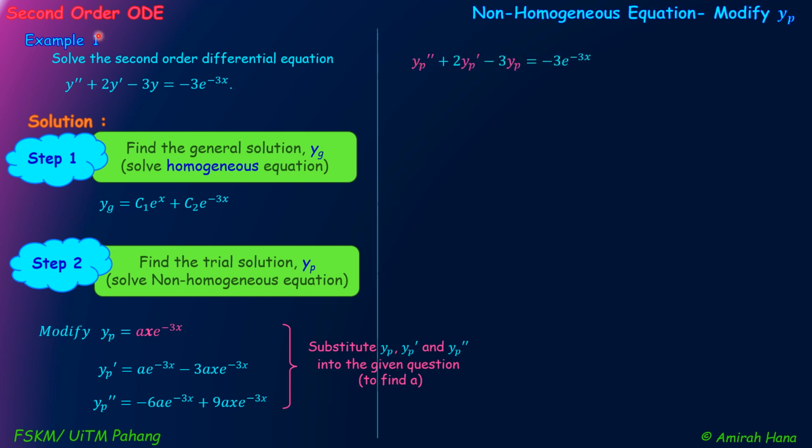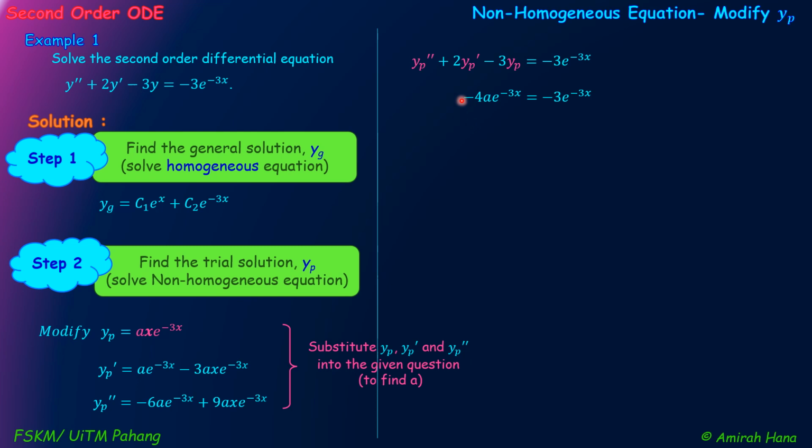We replace y double prime by yp double prime, replace y single prime by yp single prime, and replace y by yp. We still have the same right hand side, which is negative 3 e to the power of negative 3x. On the left hand side, after we simplify, we got this.